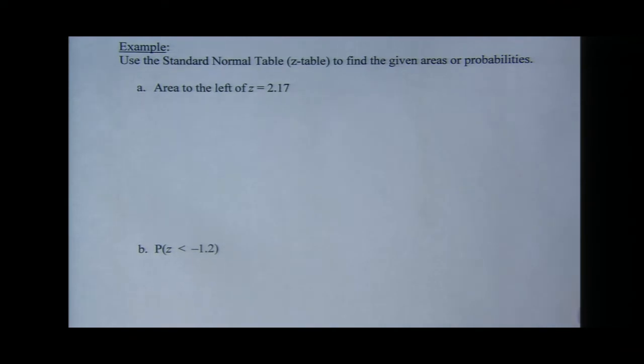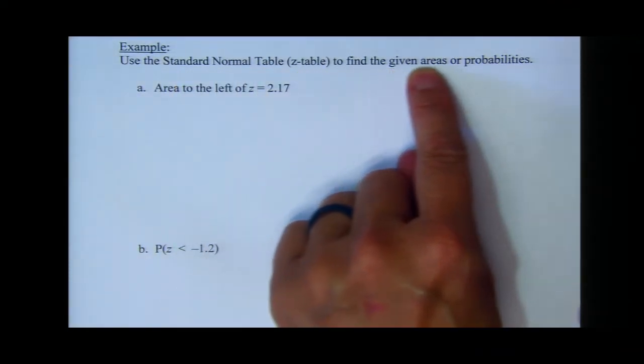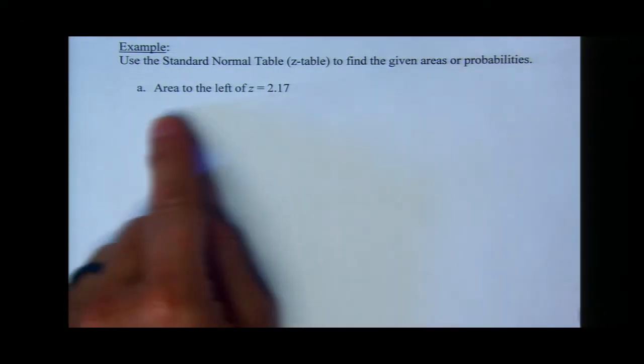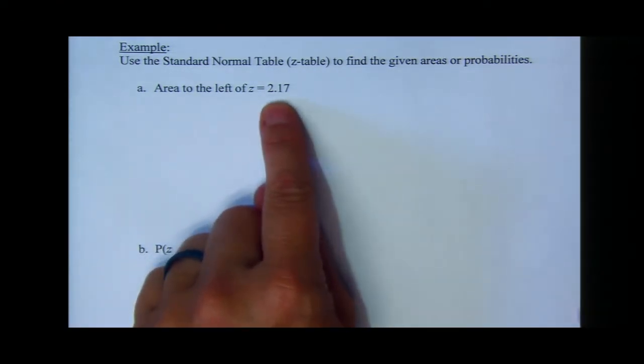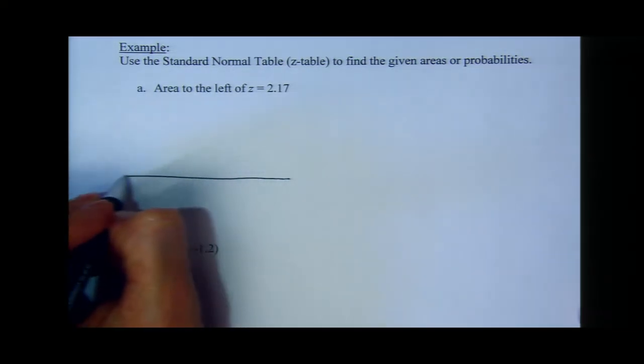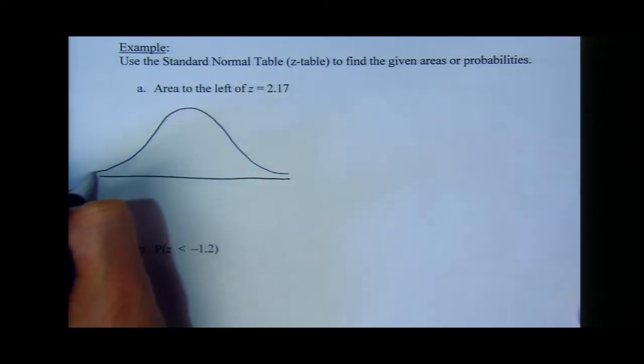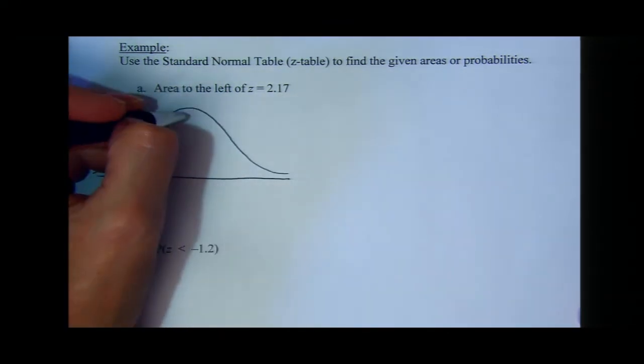All right, so this first example says use the standard normal table or the z-table to find the given areas or probabilities. So the area that lies to the left of. Now, while we're learning this, I am going to draw the pictures. So I have positive 2.17.